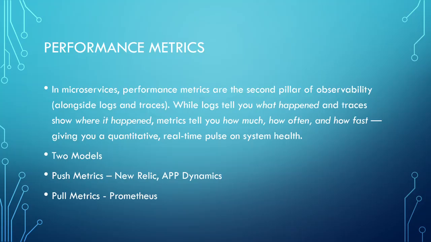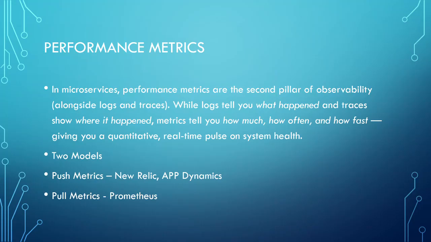Second is performance metrics. Performance is the second pillar of observability. Alongside logs and traces, it tells you quantitatively how often, how much, and how fast your system is. There are two models to do this in microservices: pull metrics and push metrics.